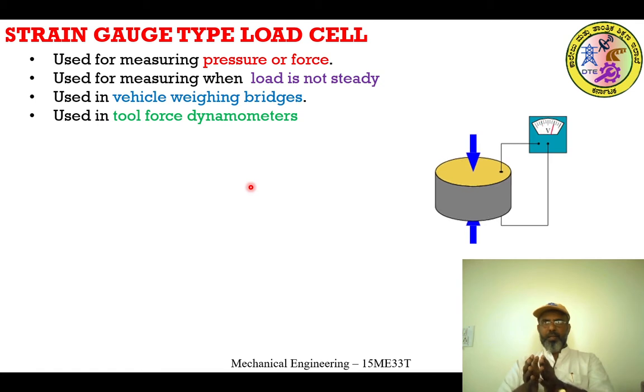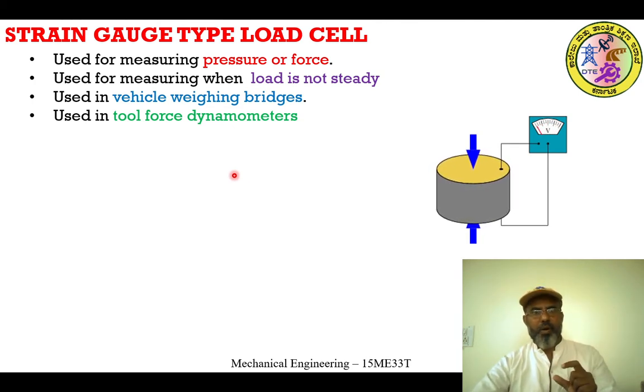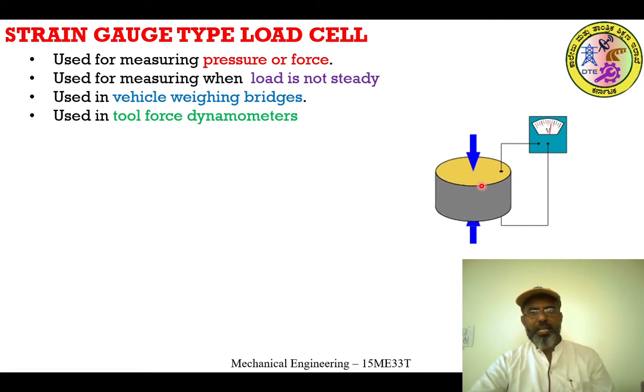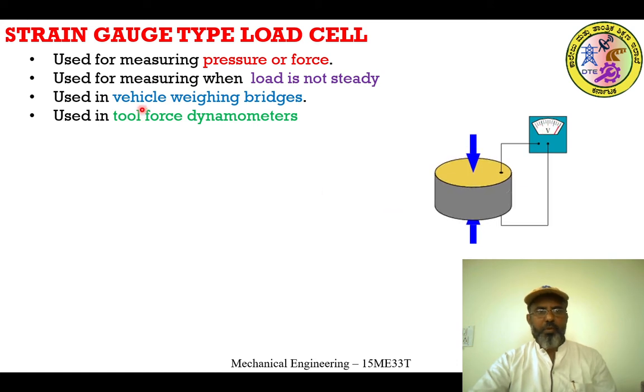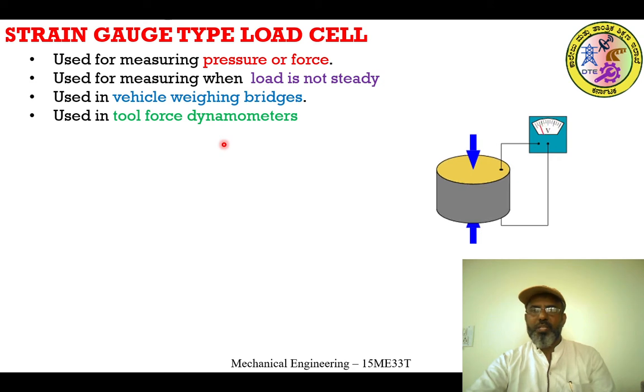In a spring balance, the spring gets deformed, in a proving ring, the ring gets deformed due to the applied load, whereas in a load cell, a cylindrical steel column gets deformed. Therefore, the advantage of the strain gauge type load cell is that it is used for fast response applications.